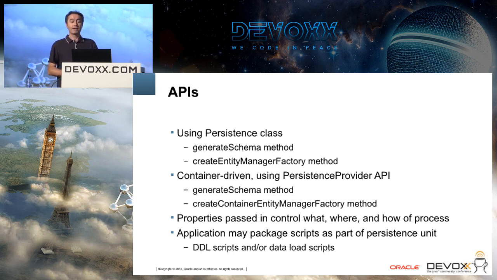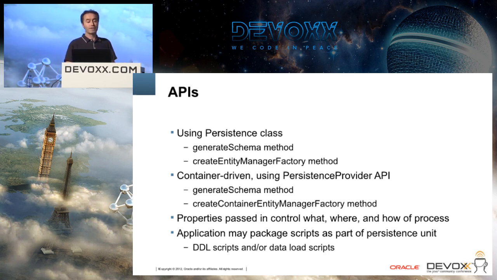The createEntityManagerFactory method can also do schema creation. So if you call createEntityManagerFactory, you can take a collection of properties. So you can pass a map of properties in. You can pass in that map any of the properties we're going to look at in a second, or you can put these other configuration properties into your persistence XML. They can go there too. If you're in a container, the contract between the Java EE container and JPA providers uses a different method.